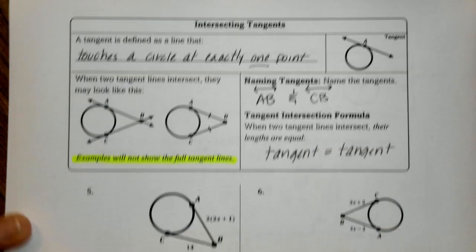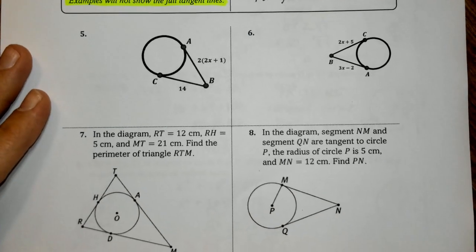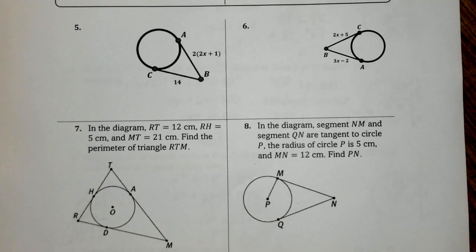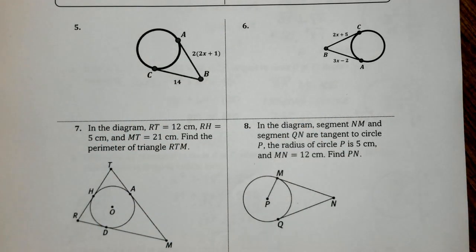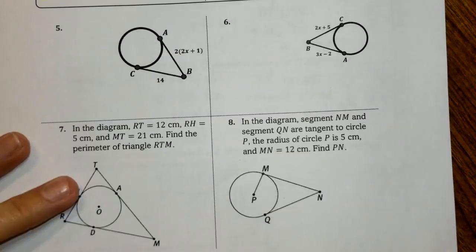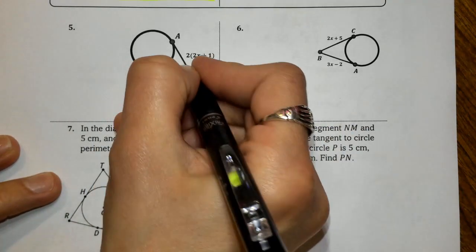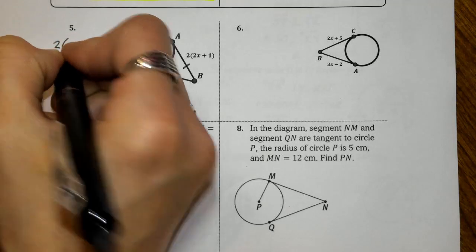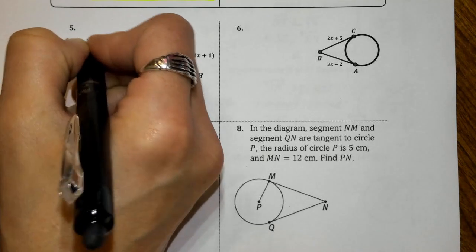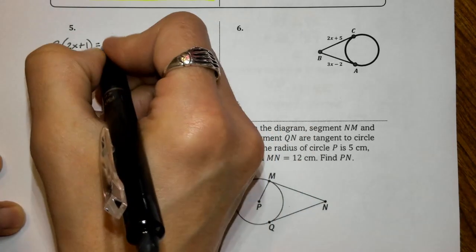That is it. So when we go through with number 5, we're going to see here we have 2 tangents. They do not go inside the circle. They just stop right there. As we discussed, that's how we'll be seeing it. So that means they are going to be congruent. So we're going to set them equal to each other. So we have this 2 parentheses 2x plus 1 is equal to 14.